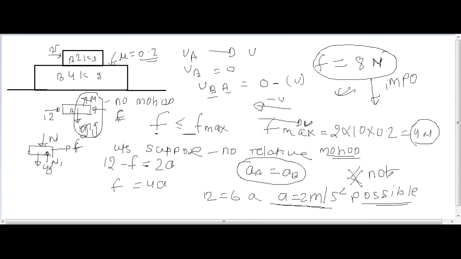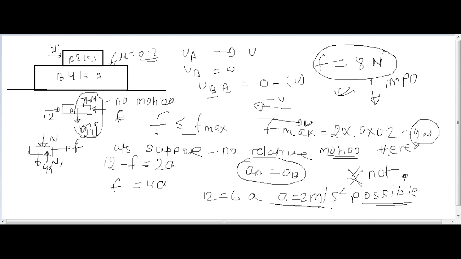This is not possible, so there must be relative motion.